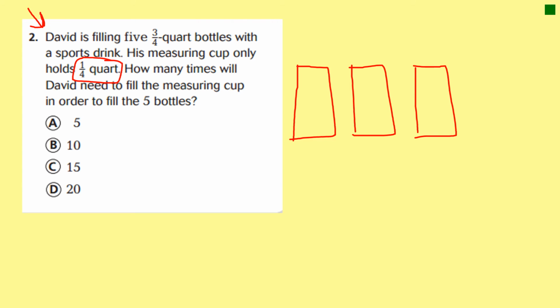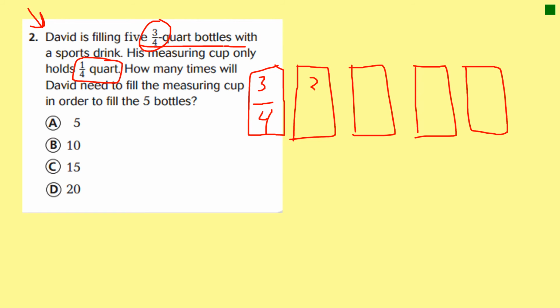I think I said 3-quart bottles. It's 3/4 quart bottles. I'll do one there. 1, 2, 3, 4, 5. Okay, those are the bottles that David is going to fill. What goes into each one? 3/4. Says it right there. Each one has 3/4.